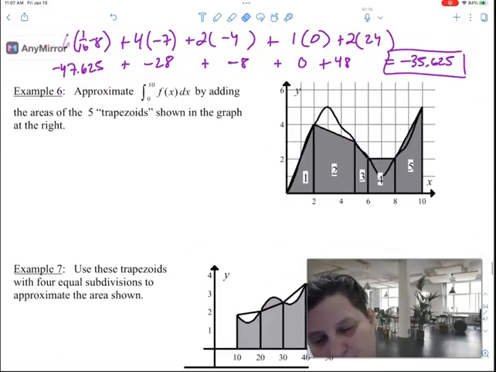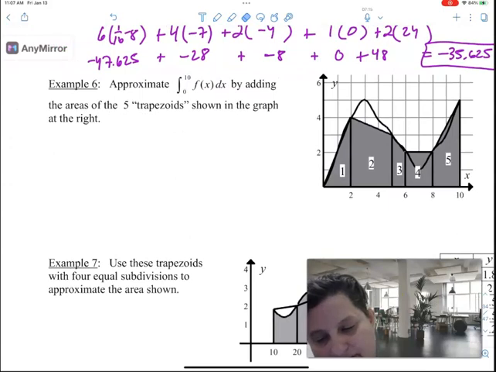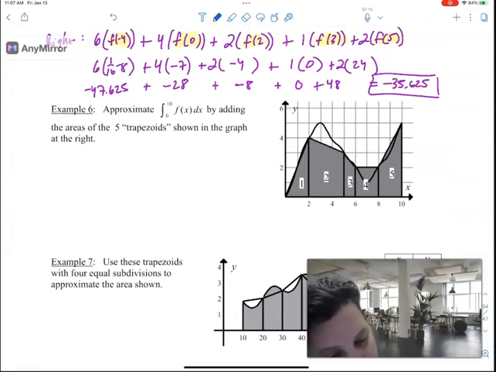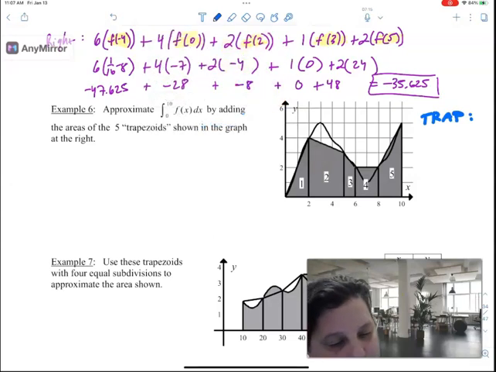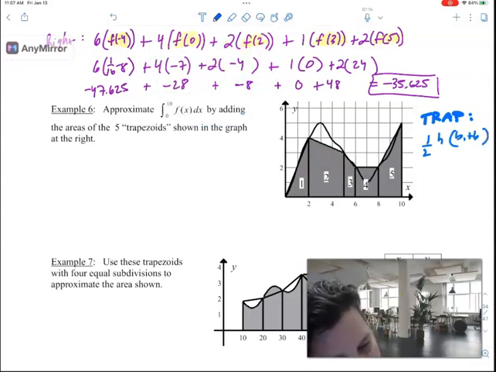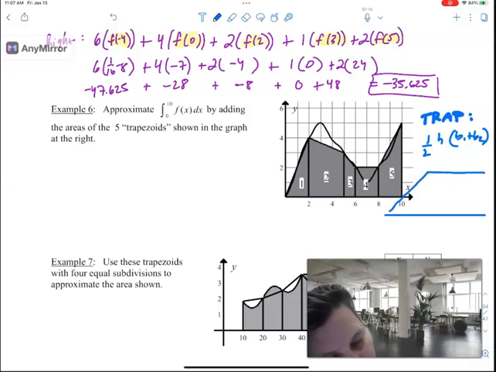All right. Okay. 0 to 10. We got 5 different regions here. Now, here's the area of a trapezoid. Let's write it down in case you all don't remember this. A trapezoid is 1/2 the height and then the sum of the bases, okay? So, for example, say we had, these are the type of trapezoids we're used to seeing.